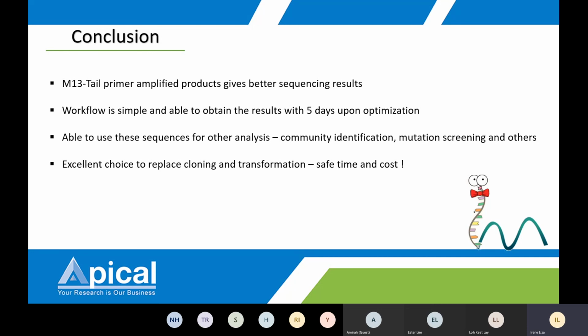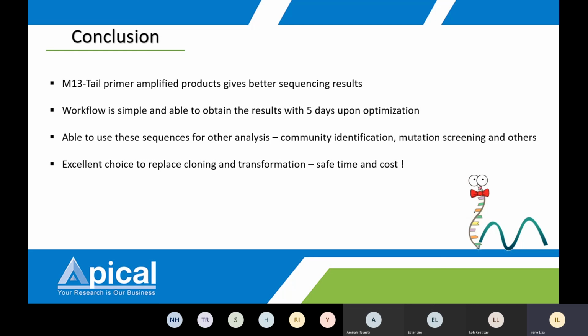And like what I said, you can use all these sequences for other analyses. Maybe you want to do community identification or mutation screening, or any other downstream project or objective that you want to achieve. Now, this M13 is definitely an excellent choice to replace cloning and transformation, because like I explained earlier, cloning and transformation takes time. It takes maybe a week, and then you send it for sequencing and analysis.